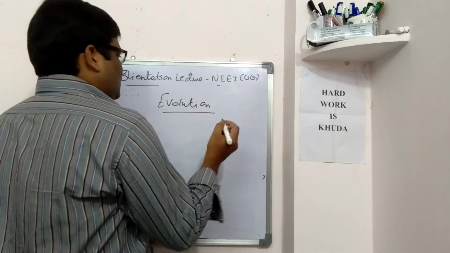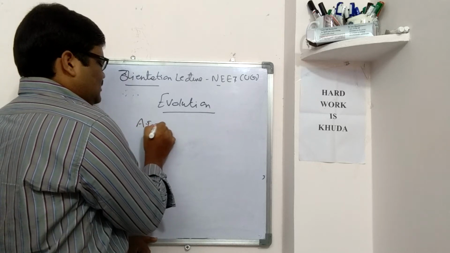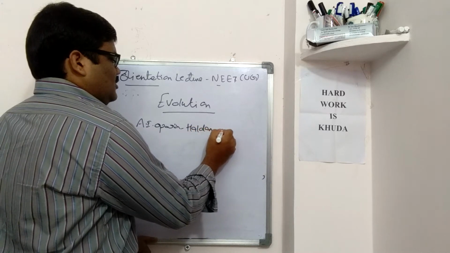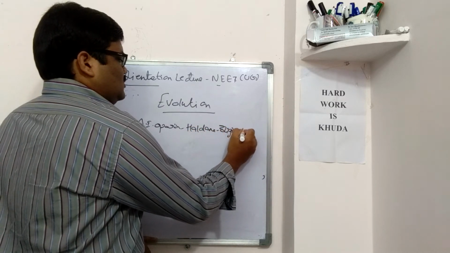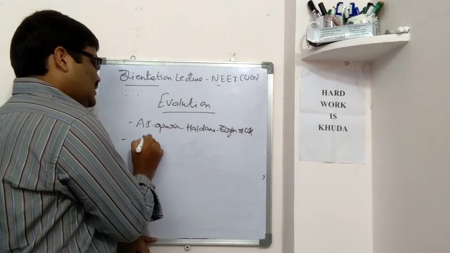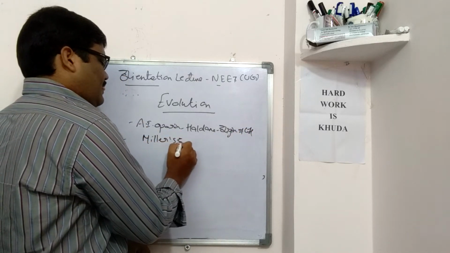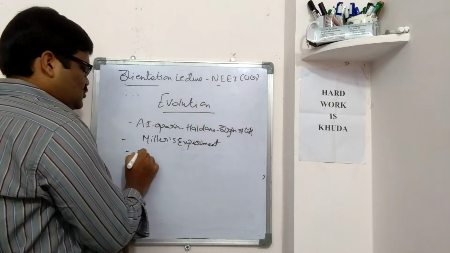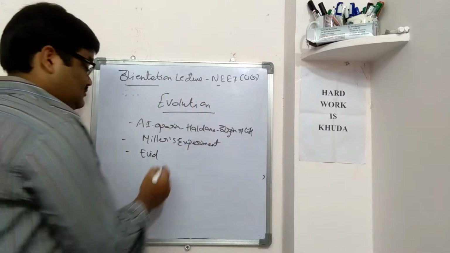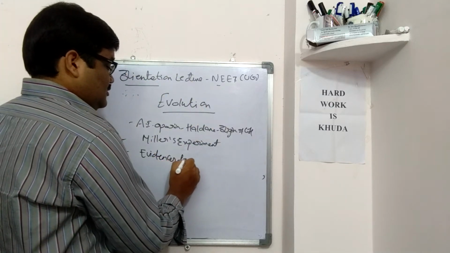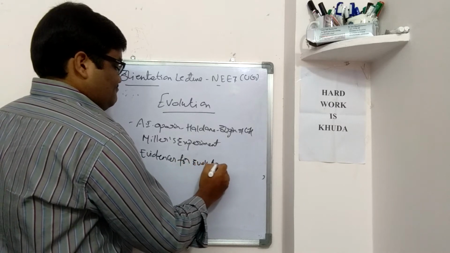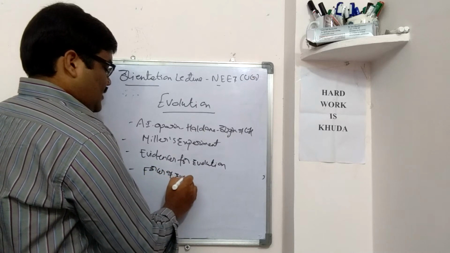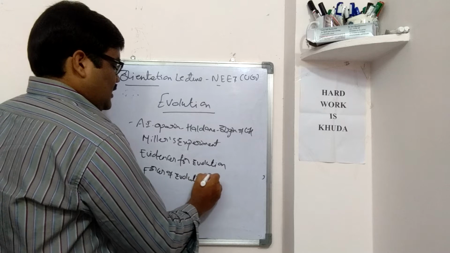The most important things are the Oparin and Haldane concept of origin of life, Miller's experiment, then evidences for evolution like embryological evidences, and forces of evolution, for example, natural selection.